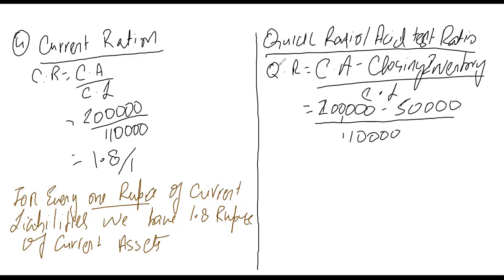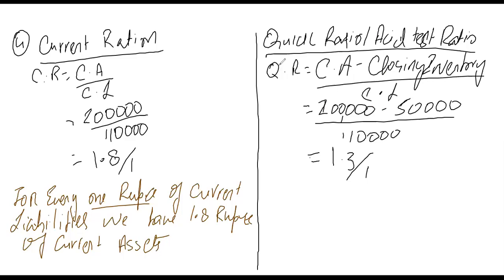To find the quick ratio, I need to deduct the inventory from current assets and then divide it by the current liabilities. So I'll be getting an answer of 1.3 ratio 1.